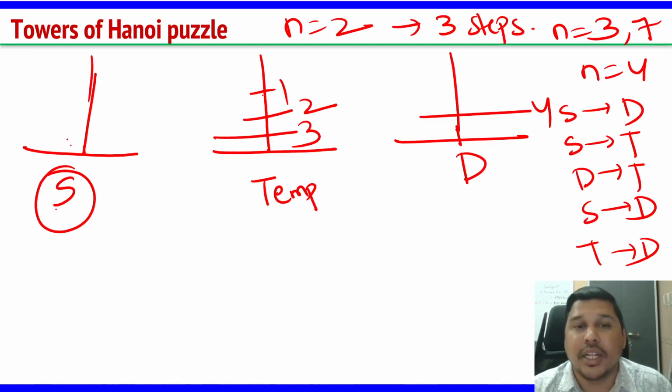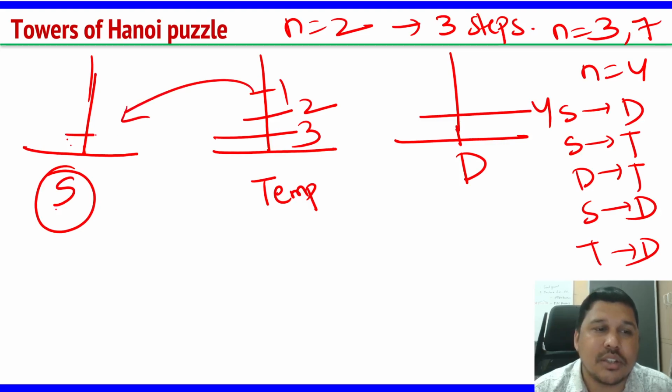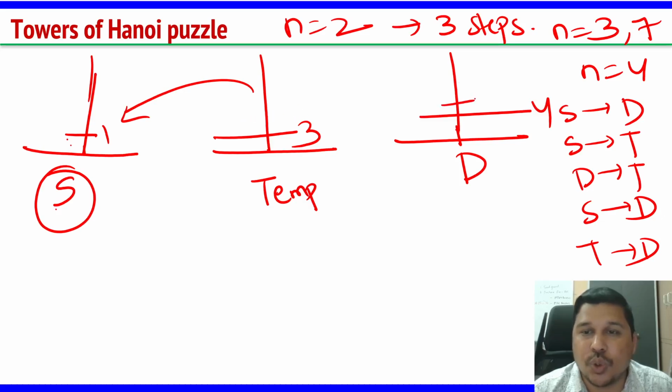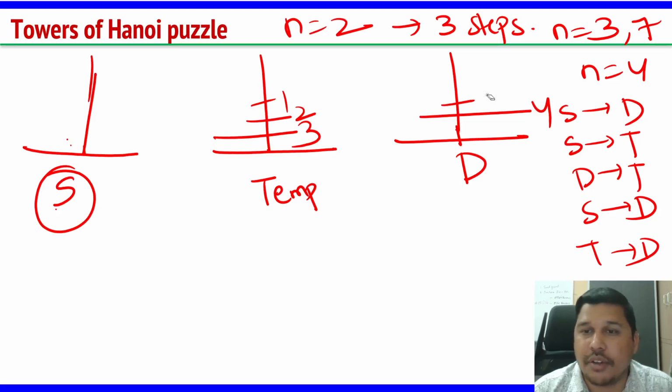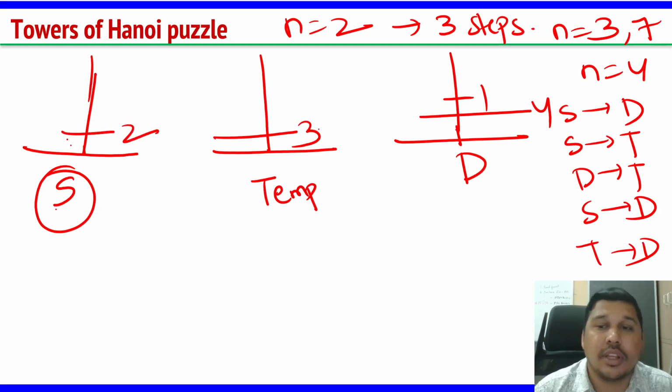Again from here you take 1 to this, 1 comes here, then you take this 2 to here. Then you will take this, oh no, we missed somewhere here, it was 2 and 1. So after this I will take this 1 from temporary to this 4, then I will take this 2 to here, then I will bring this 1 from destination to here.